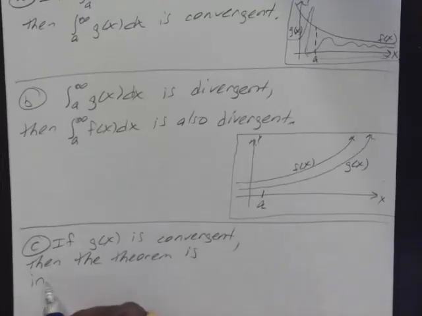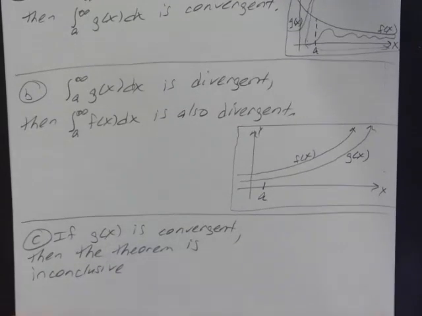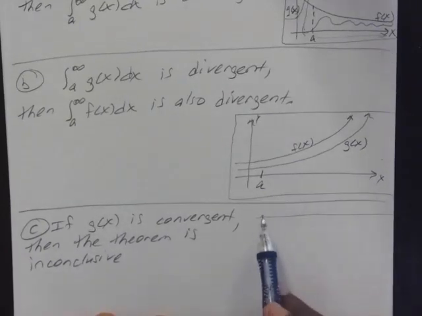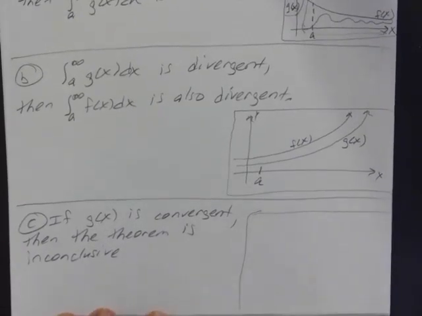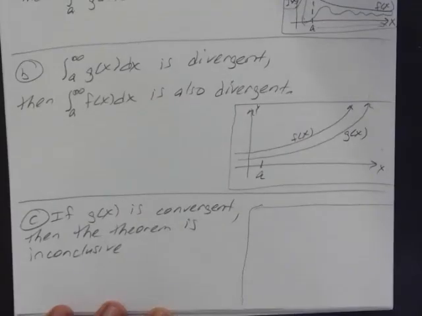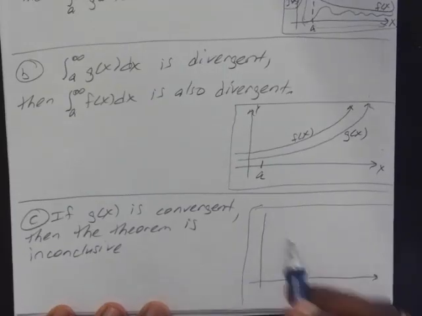It is inconclusive. Because it really doesn't tell us whether f of x is convergent or divergent. And to kind of visualize that a little bit.